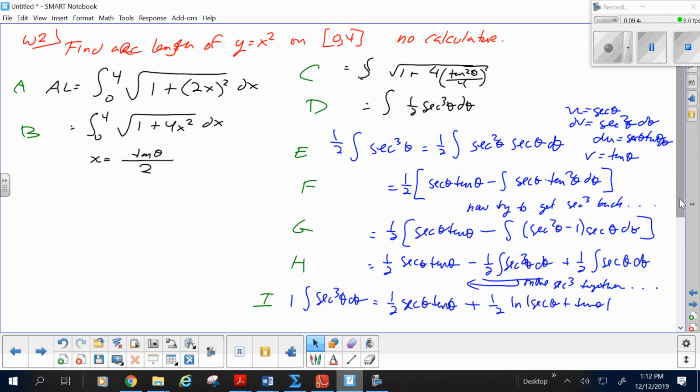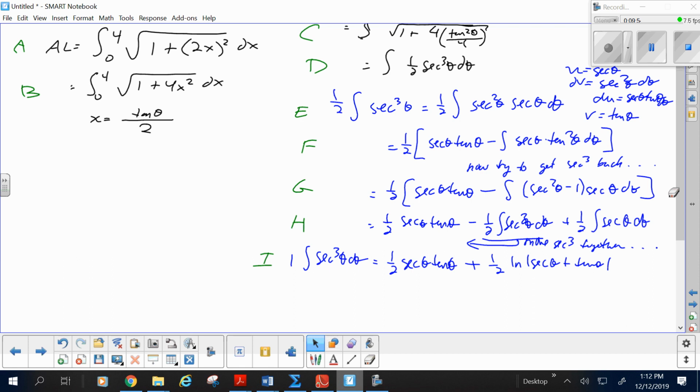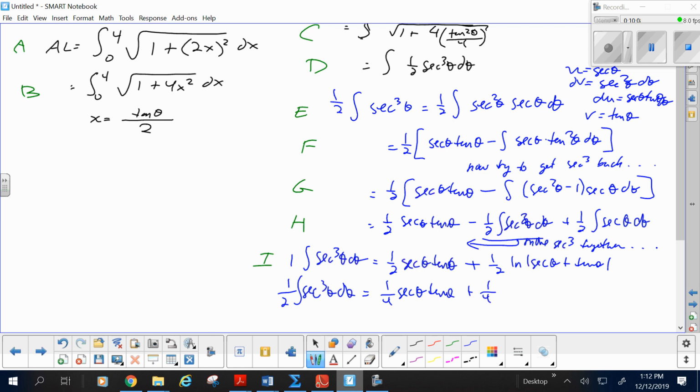First of all, I haven't identified that this is the answer to 1/2 secant cubed. I have the answer to 1 secant cubed. If I want 1/2 secant cubed, then it must be 1/4 of secant theta tangent theta plus 1/4 of log of secant theta plus tangent theta.